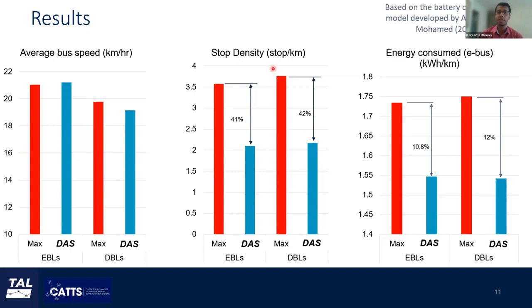And this reduction in the stop density can be translated into energy savings, around 10 to 12% reduction in the energy consumption. So what we have done here is that we have achieved the same speed as traveling at the maximum speed. We have achieved a lower stop density, which means a higher level of comfort, and in turn, lower energy consumption.